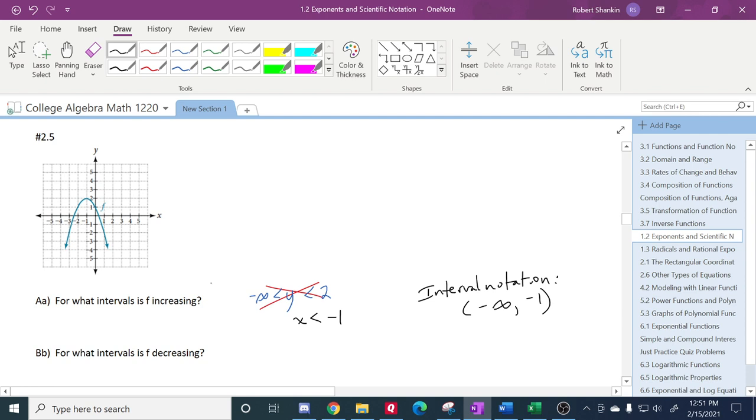It's just like your stock isn't gaining money, it isn't losing money, it's just holding steady for a little bit. Okay. For what interval is it decreasing? If this was stock, it'd be decreasing from x greater than negative 1, or in interval notation from negative 1 to infinity.